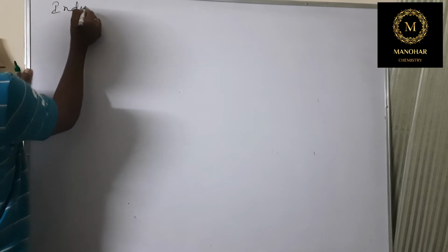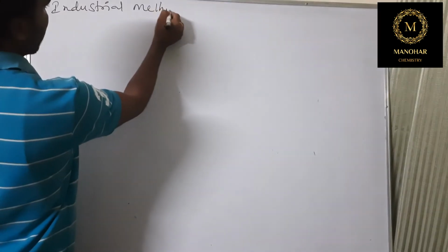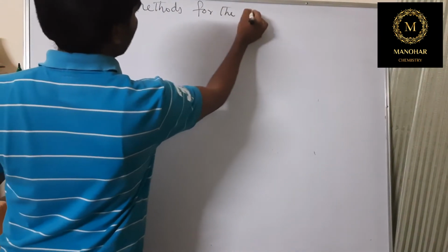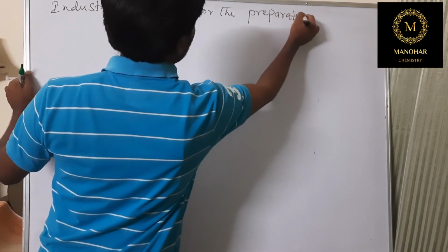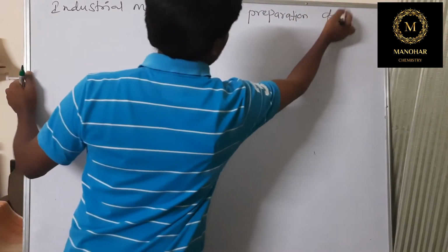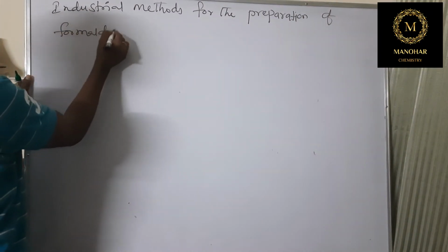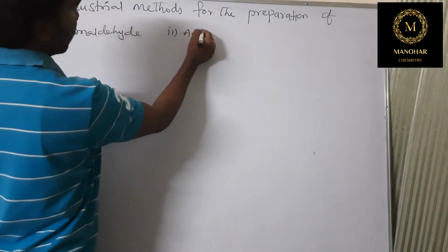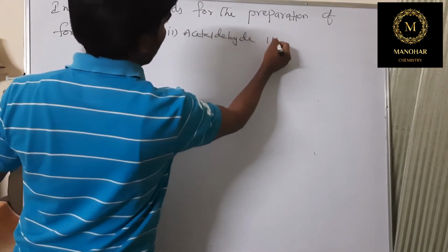Industrial methods for the preparation of formaldehyde, acetaldehyde, and the third one is benzaldehyde.